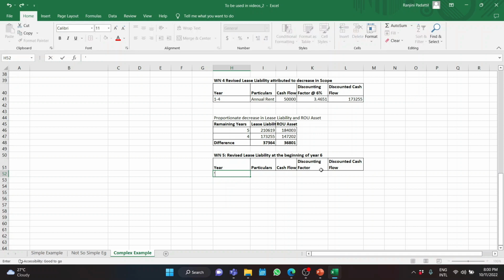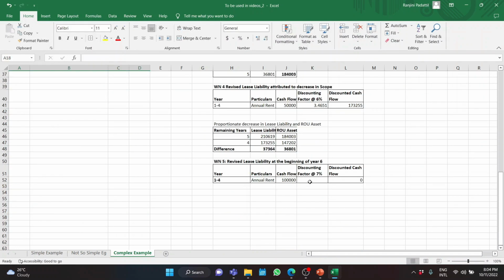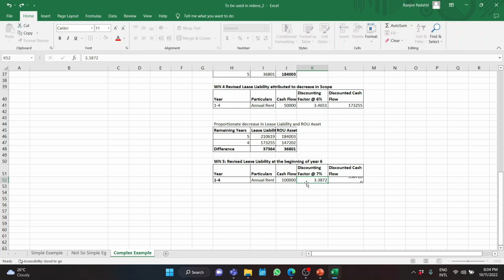So it is 1 to 4, annual rent. Cash flow, the revised lease rental is 100,000. Okay, the annuity factor at 7% for 4 years is 3.872. So the revised lease liability considering all modifications is 338,720.